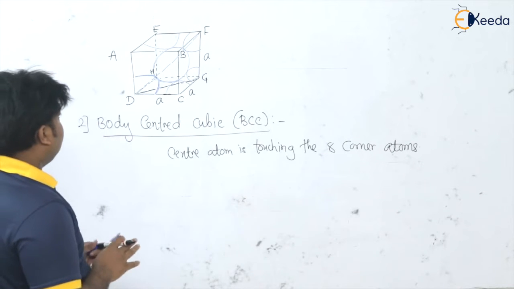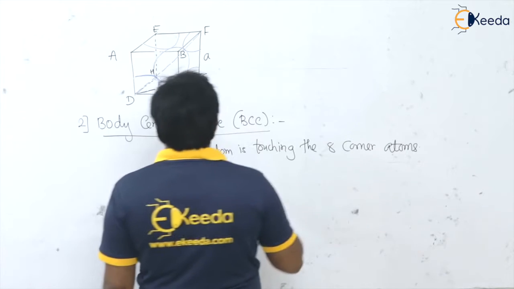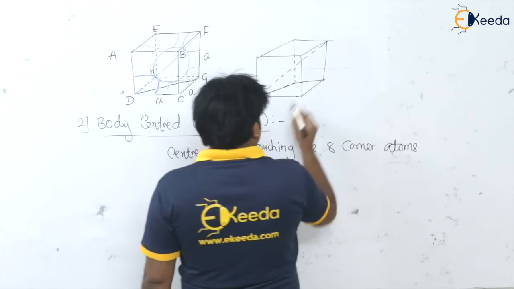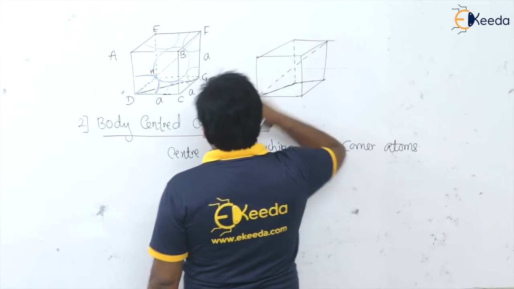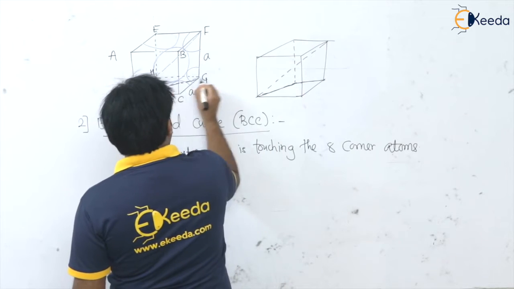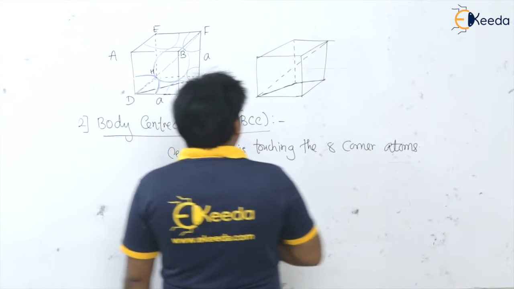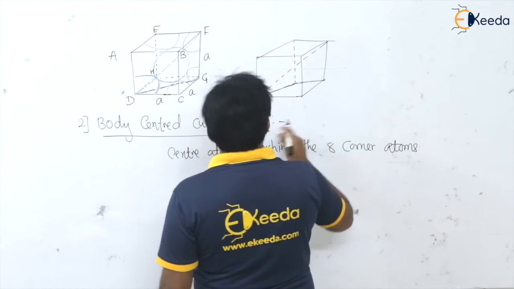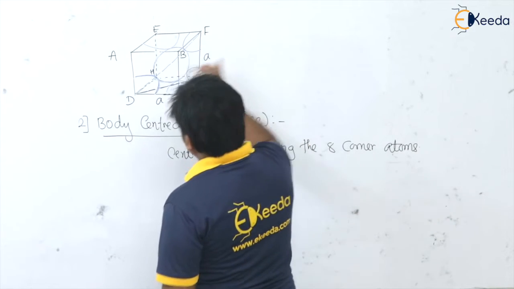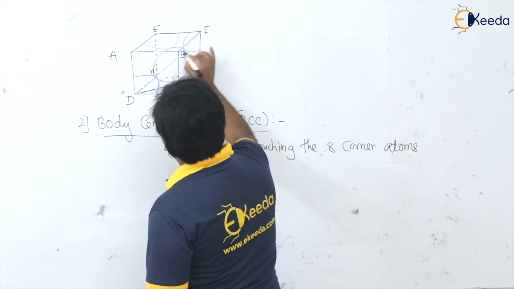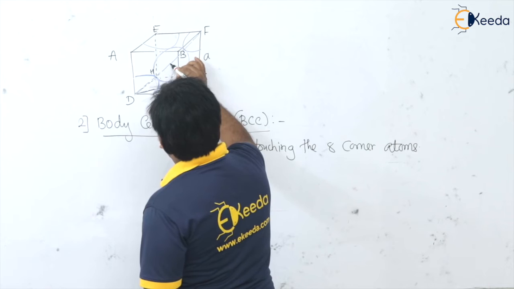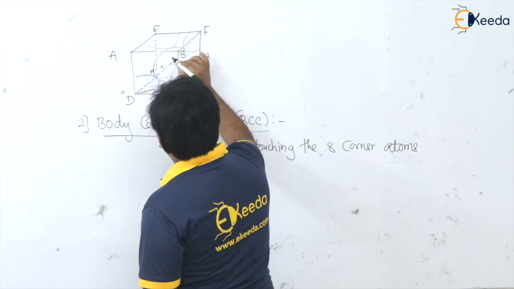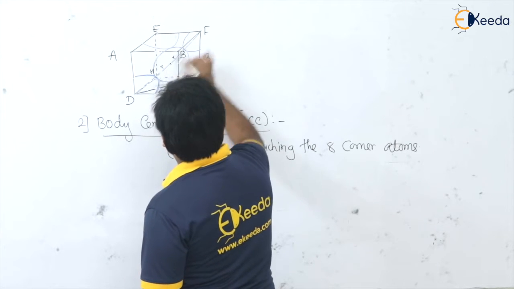So see here how we are going to see this. We are going to find out this distance DG. Because one complete atom is at the body center, the radius R plus R, that is the diameter.